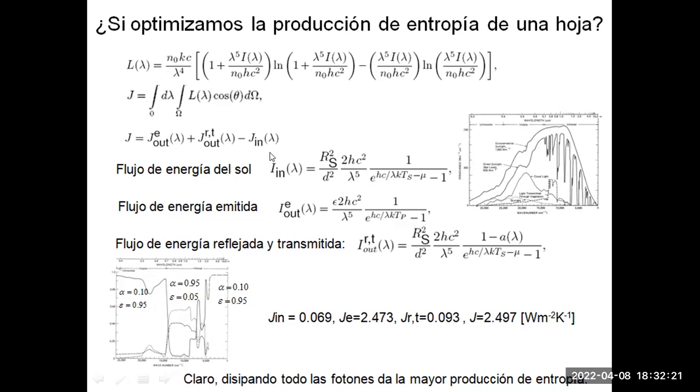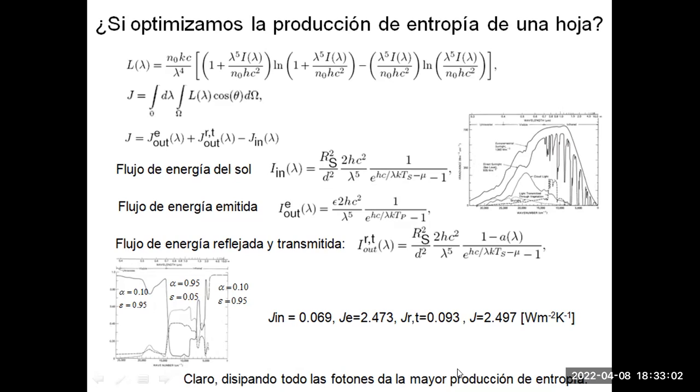We can do each of these parts separately, and this is what we find for the Earth: the incident entropy in the beam of light coming into Earth's surface is 0.069 watts per meter squared per Kelvin, and the emitted is 2.473 and the reflected 0.093. Putting that in this equation, we can calculate the entropy production due to the Earth.